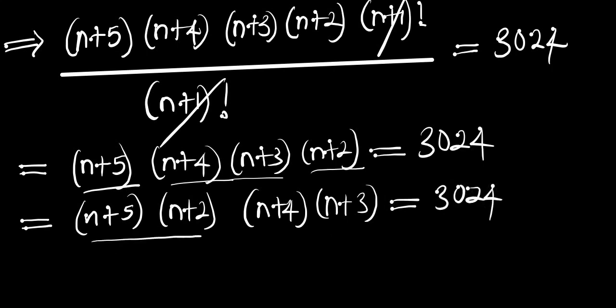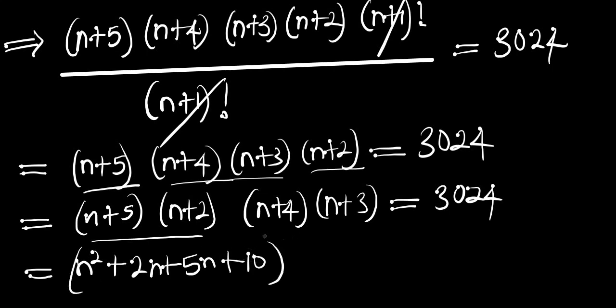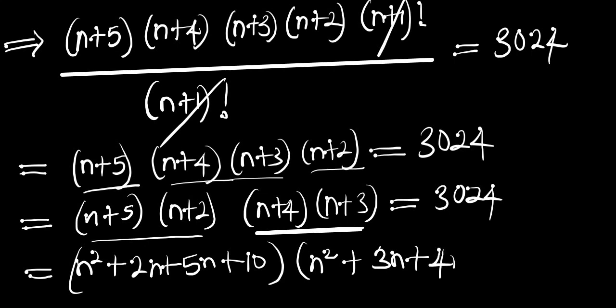If you expand this bracket, you are going to have n squared plus 2n plus 5n plus 10. And if you expand this, you are simply going to have n squared plus 3n plus 4n plus 12, and this equals 3024.